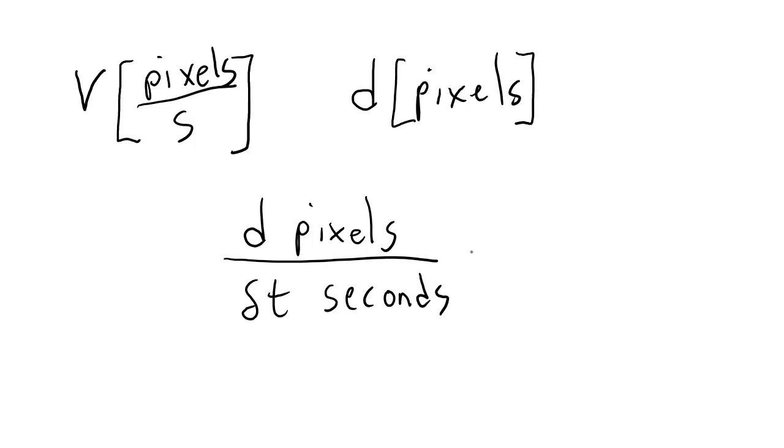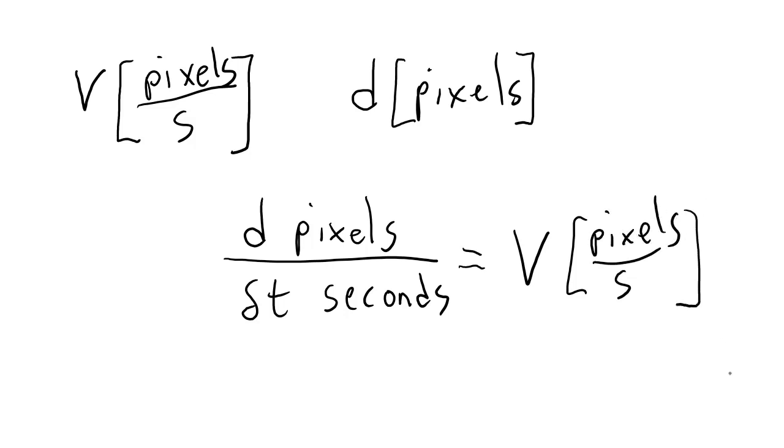Since I don't get to control the velocity of the object, I only get to control delta t, I'll set this equal to v, pixels per second. And so we can calculate delta t simply.